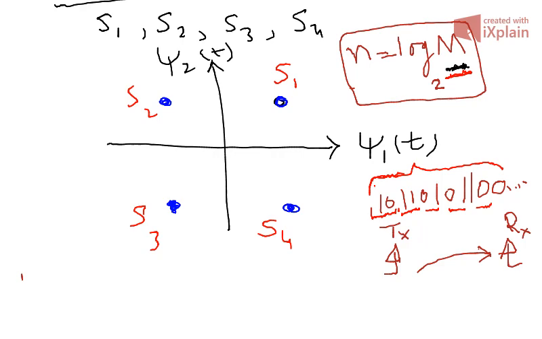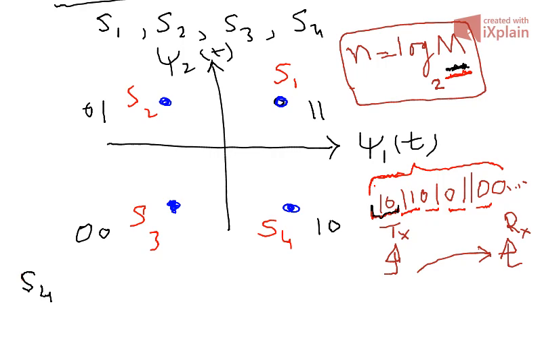I have to recall that the bit assignment for these symbols is 1 0, 0 1, then 0 0 and 1 0. So whenever the first 2 bits from the source are 1 0, we have to transmit S4.